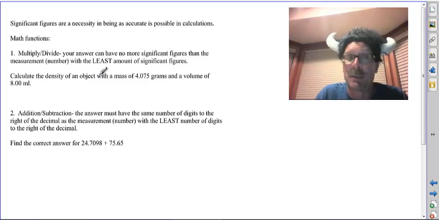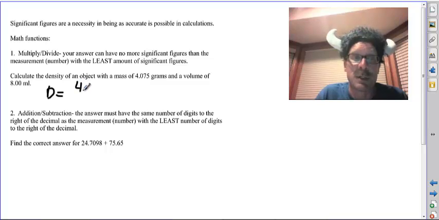Calculate the density of an object with a mass of 4.075 grams and a volume of 8 milliliters. Well, density is mass over volume. Okay, so it's 4.075 grams divided by 8 milliliters. Sorry about that, 8.